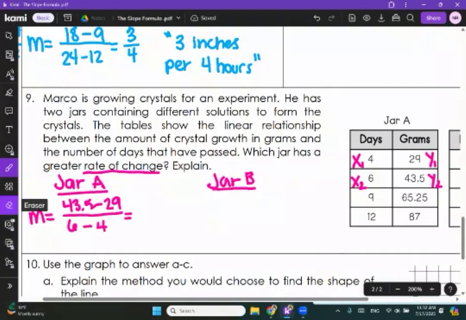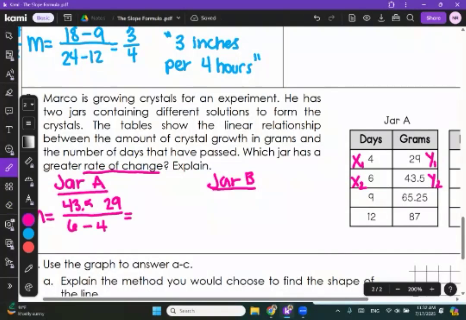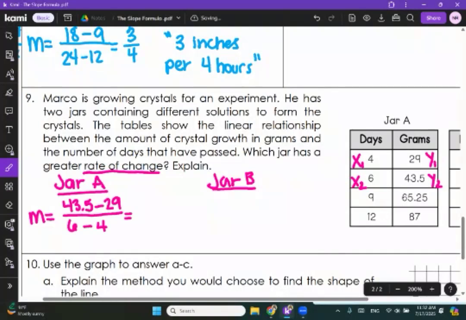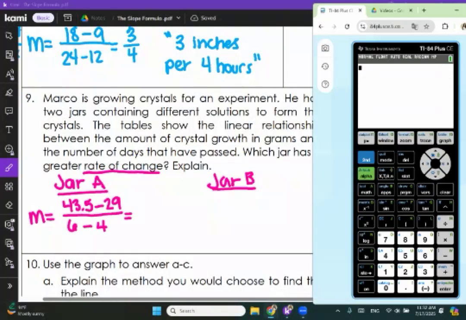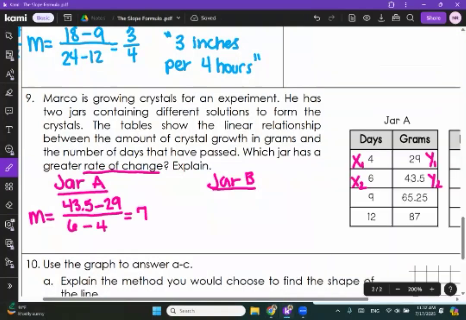Put that into your calculator. 43.5 minus 29, 6 minus 4, and you get 7.25.